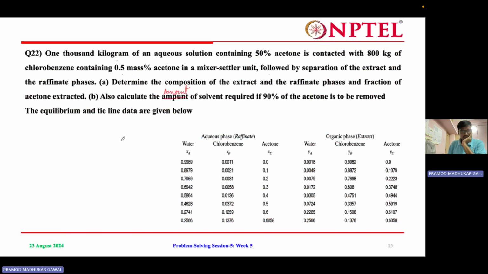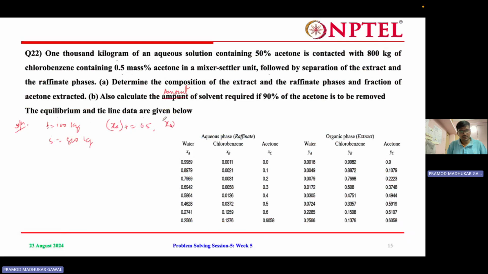So here is the data given, after attaining the equilibrium. First we write down the given quantities. A is equal to 100 kg, right? This S is 800 kg, and mole fraction of solute in the feed is 0.5.